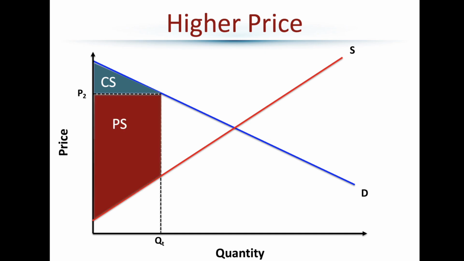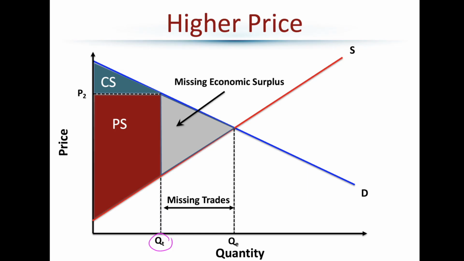But the producer surplus would also suffer because it would be missing the trades. Because at this higher price, which is higher than the equilibrium price, consumers are unwilling to buy more than QT of the good. So they're missing trades, and so that gray triangle is representing the deadweight loss.